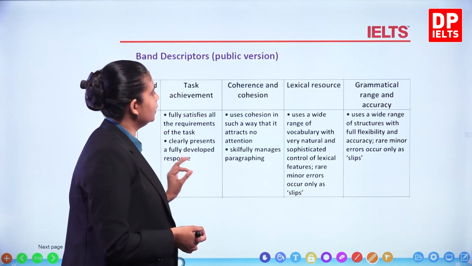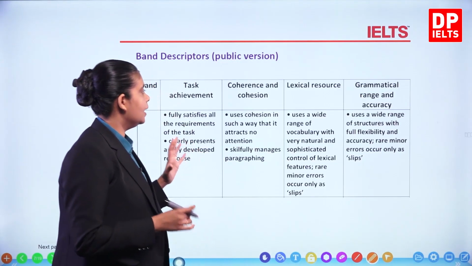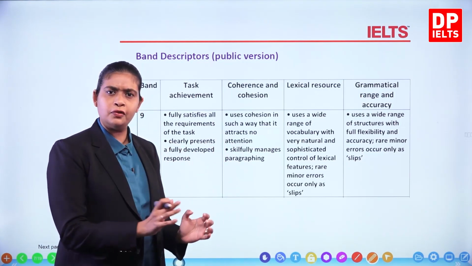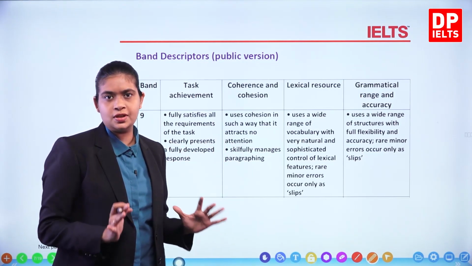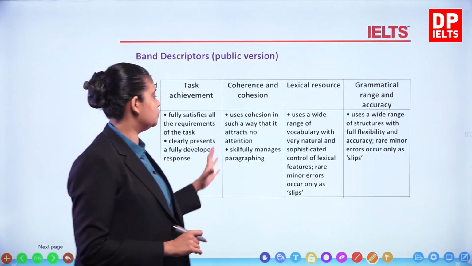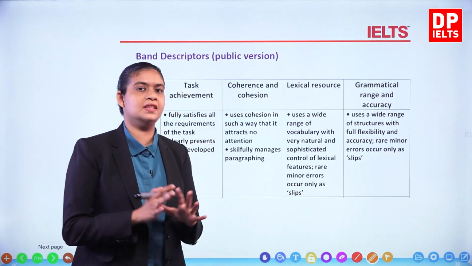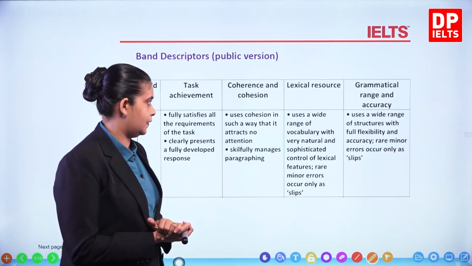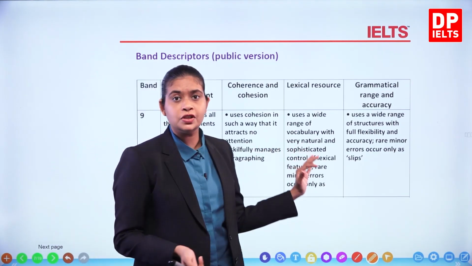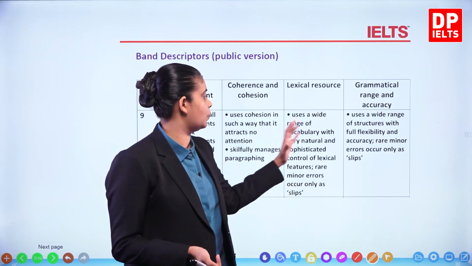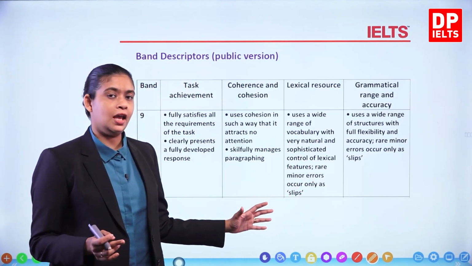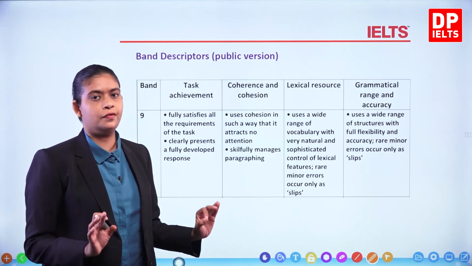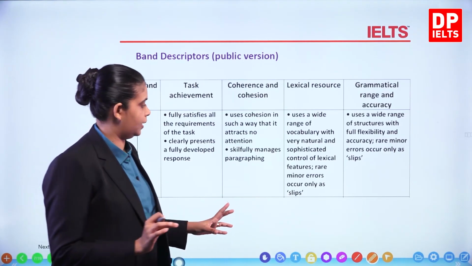So when we have a look at coherence and cohesion, right, it means that you've got a good answer which is linked carefully, right? Nicely used linking devices, and you fully manage paraphrasing and the paragraphs are clearly knit and put together. Lexical resource, you use a range of vocabulary, right? And with a natural and sophisticated control of the language, okay?